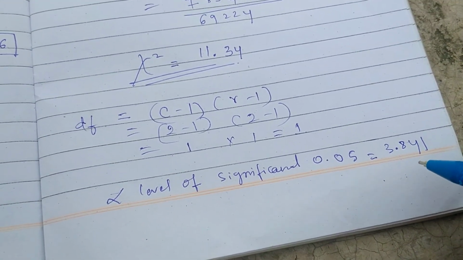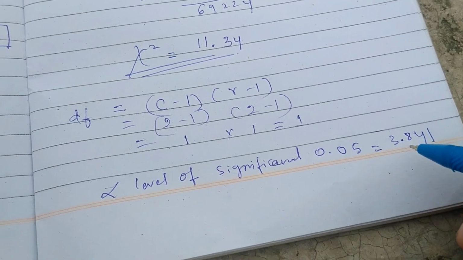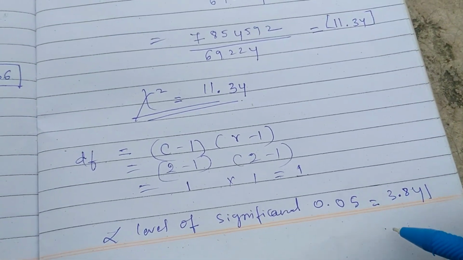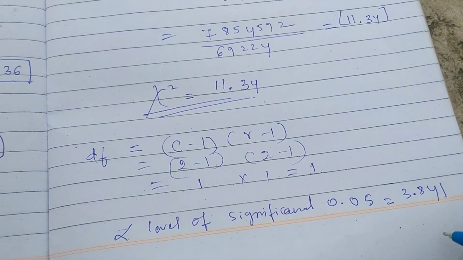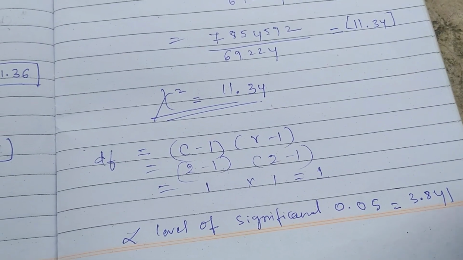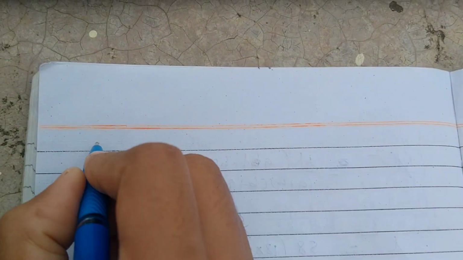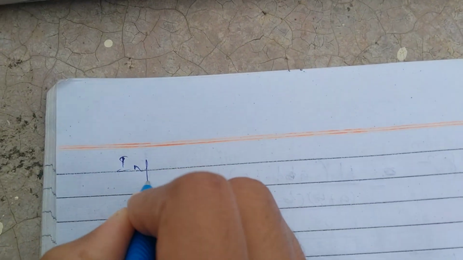In some questions they'll give this table value in the exam. Directly we have to calculate and keep the values. So we have to frame the inference here.